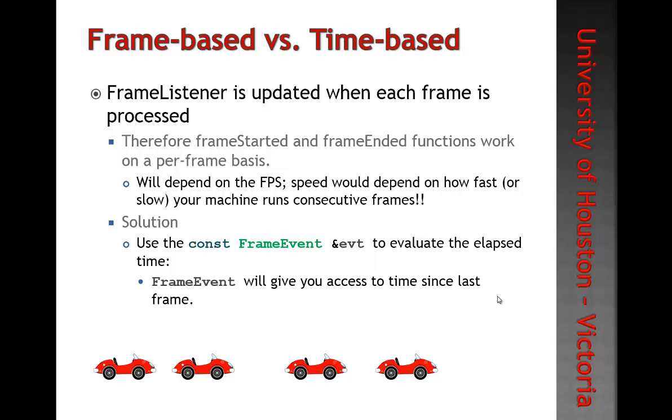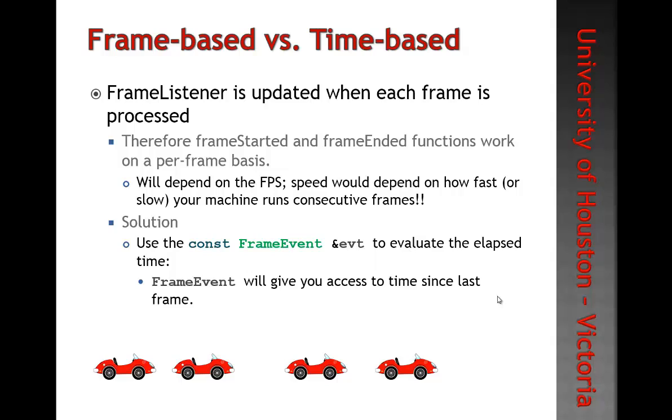In the case of frame listeners, they are exactly what they say: they listen to frames. They are updated when certain events happen to our frame renderer. The simplest way of looking at them is that when a frame buffer is being rendered, two certain events are of importance.